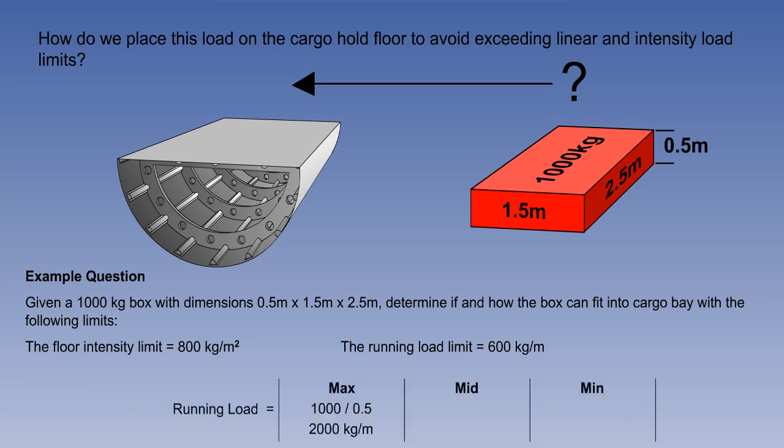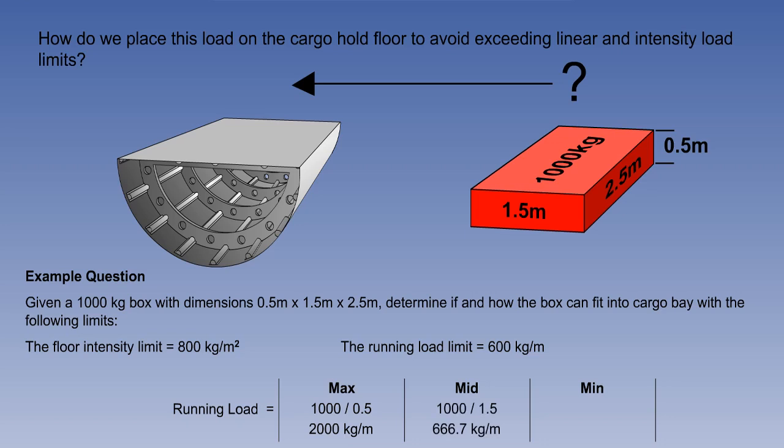We must now calculate the three options of running load, starting with the maximum, which is achieved by dividing the mass, 1000 kilograms, by the shortest length, 0.5 meters, which comes to 2000 kilograms per meter.